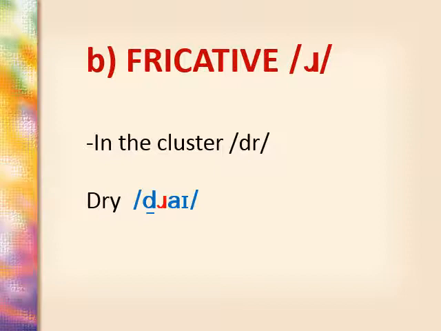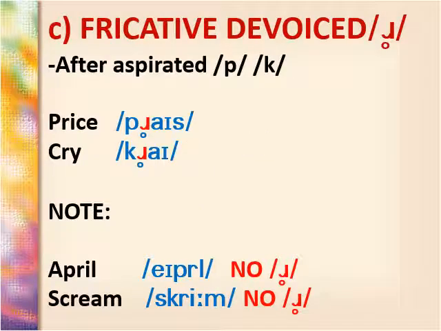The symbol, as you see, is an R upside down. This fricative R occurs also in other instances in which it is also devoiced. For example, after the aspirated p and k, these two plosives, as in prize and cry.